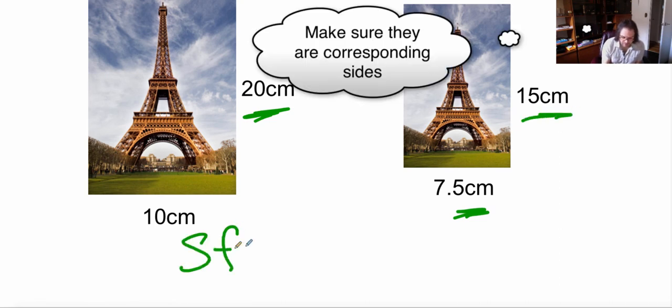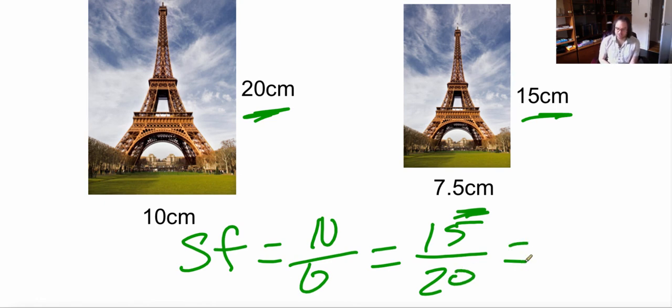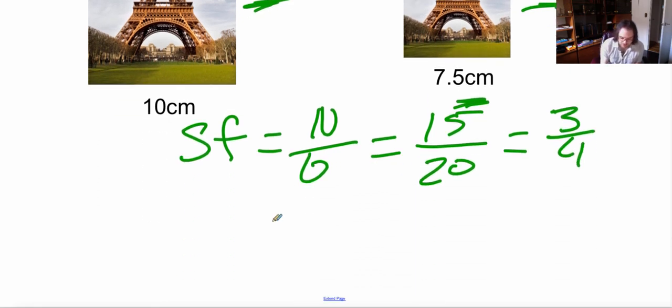My scale factor is equal to my new divided by original, which is 15, my new, divided by 20, which is the same as 3 over 4. So my scale factor is equal to 0.75, or 3 over 4.